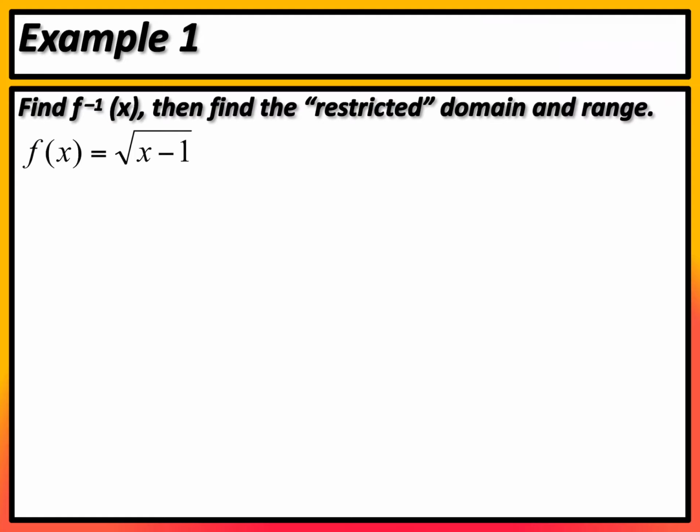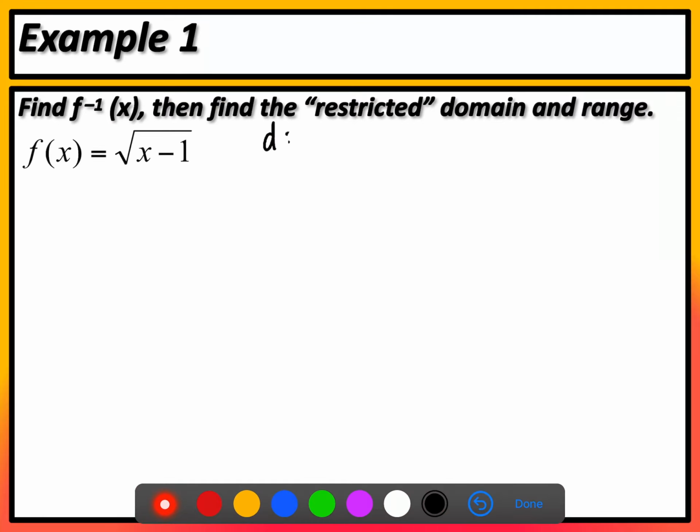All right, so our first example here, we're looking at a square root function. Okay, so the first thing I like to do is find my domain and range. All right, so my domain, because it's a square root, I would have to limit to the positive numbers. So I'm looking at x greater than or equal to 1.